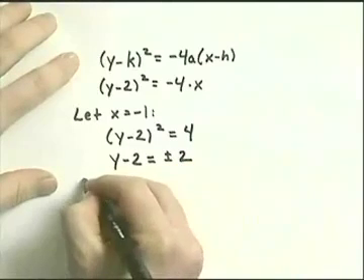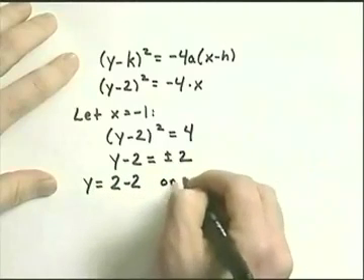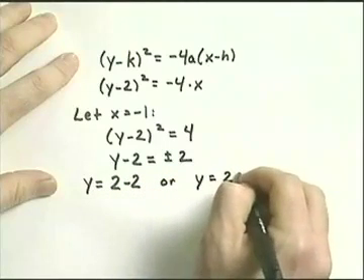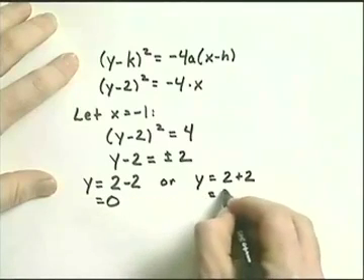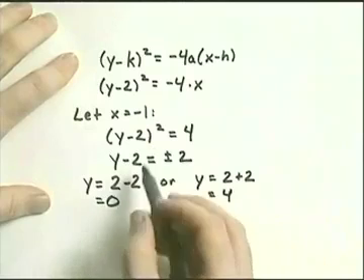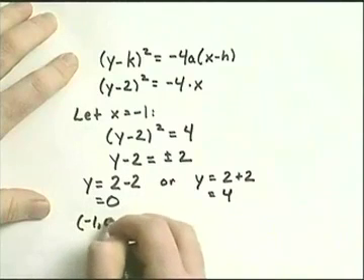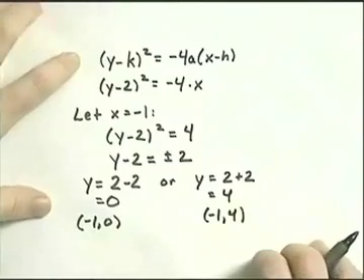Add 2 to both sides, you get y equals 2 minus 2, or y equals 2 plus 2. So y equals 0, or y equals 4. So the points above and below the focus are negative 1, 0, and negative 1, 4.